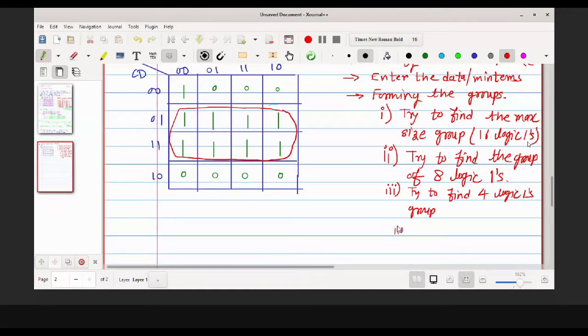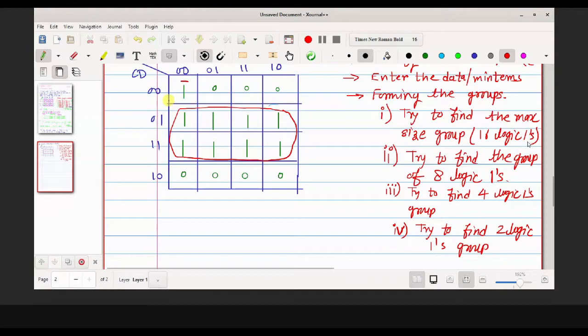And now lastly, we will try to find a group of two logic ones. So this is the remaining one, so I can form a group like this.